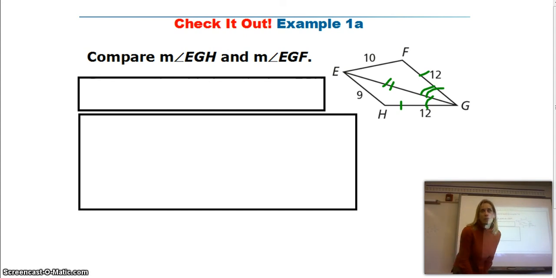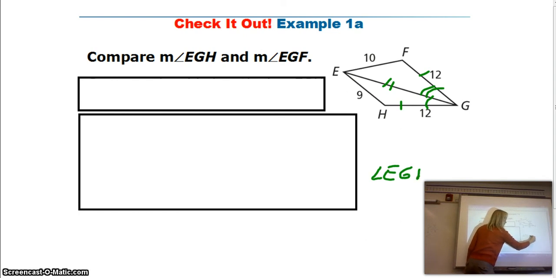But do we know something about the side opposite them? EF is larger. Good. EF is larger than EH. So EF is the side opposite this angle, EGF, right? So what can we say about angle EGF?